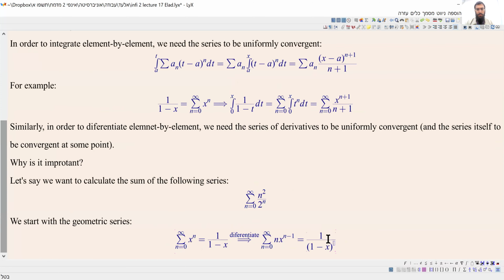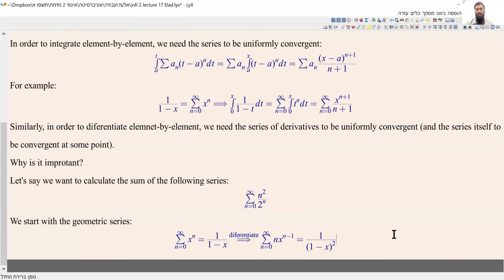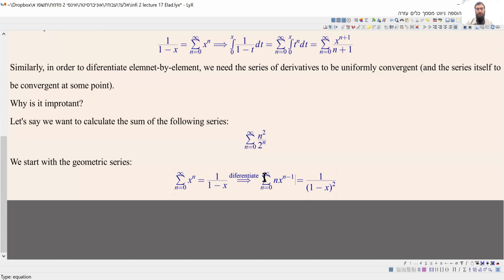In order to get n squared in the numerator, we should probably differentiate again. But if we differentiate at this point, what we get is n minus 1 jumping out, and not n. How do we get n to jump out? With the n outside, it becomes n squared.